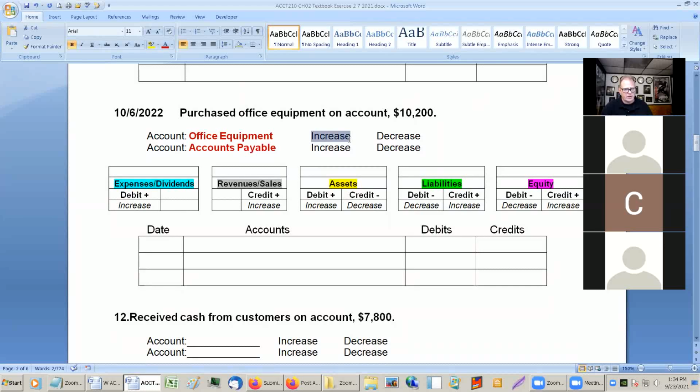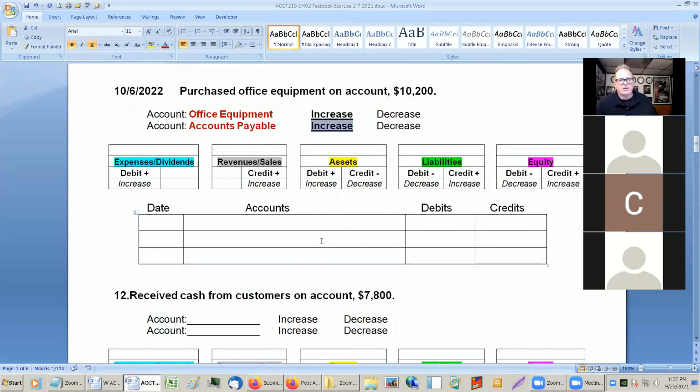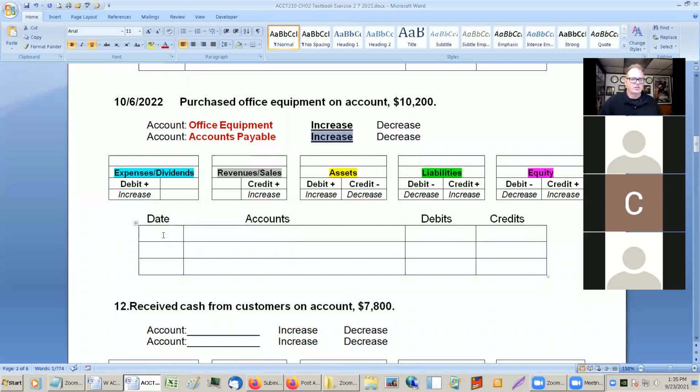So office equipment is going up. And now for the tricky one, what's happening to accounts payable? Increases. Yeah, good. Accounts payable is also going up. We owe more people money now. We owe them $10,200 more money.